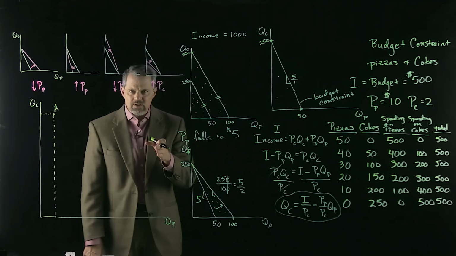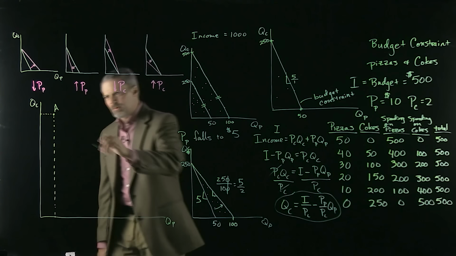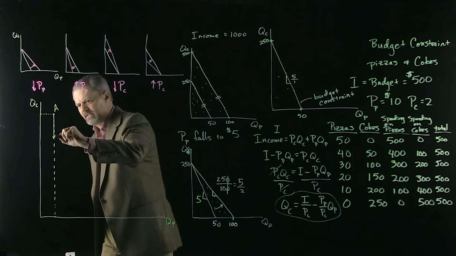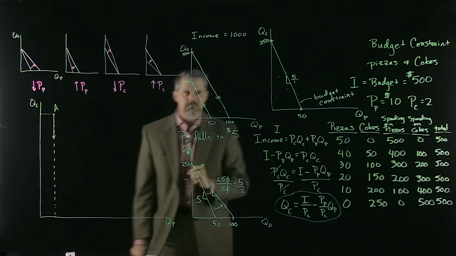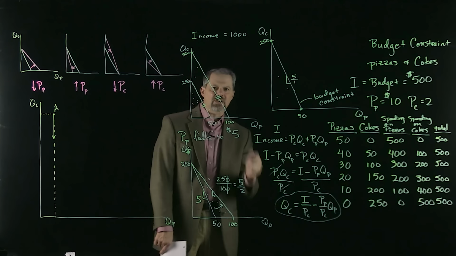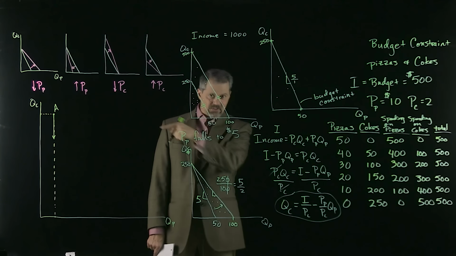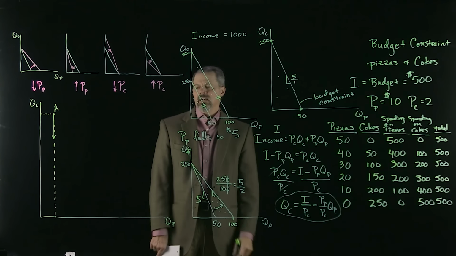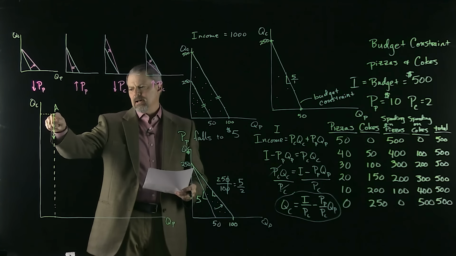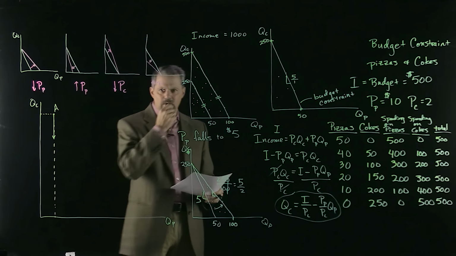Now here's what I want to do. I want to take some of those Cokes away from you. So I'm going to take some Cokes away, move down that much. And I'm going to give you some pizza in order to compensate you for losing some of those Cokes. So let's suppose I take 2 Cokes away from you.